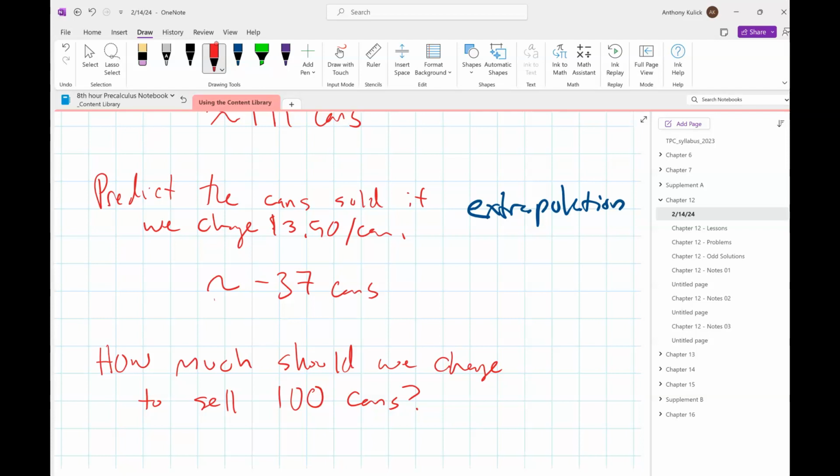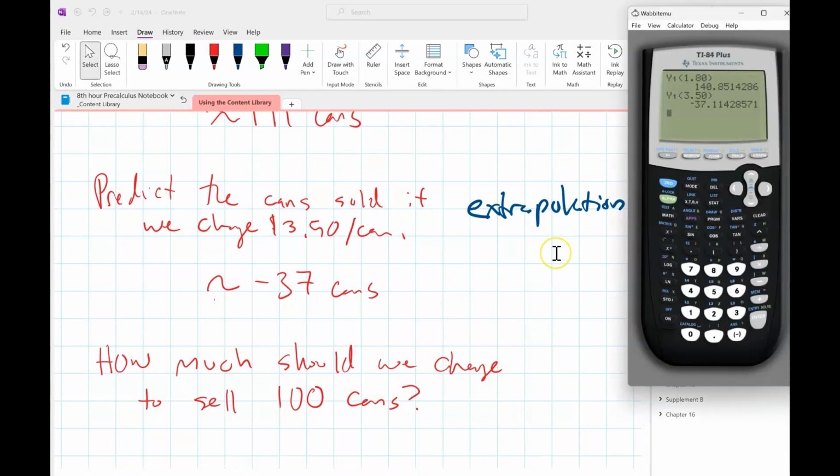This time, what are we looking for? An X value. What are we given is a Y value, right? So this would be like a plug 100 in for Y, and then we'd have to solve for X, right? Our calculator can do this for us too. We just have to ask it nicely.